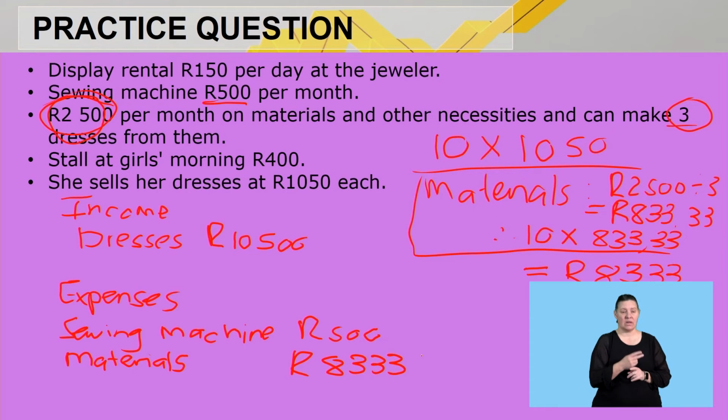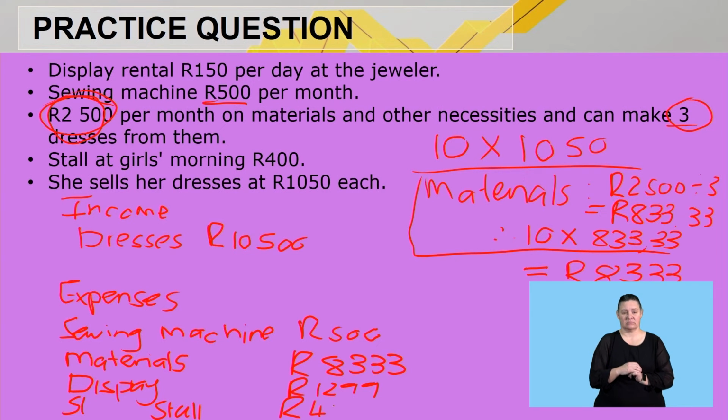So by materials, we're going to write 8,333 Rand, and then she still needs to pay the display of 1,299 and her stall, let's write there her stall for 400 Rand. So that brings her expenses, let's do this, the income is 10,500.